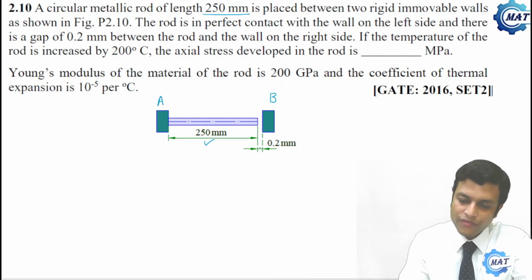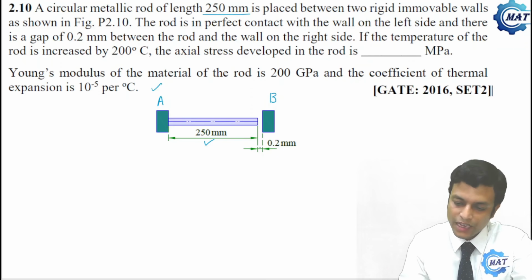The rod is in perfect contact with the wall on the left side, that is at A, and there is a gap of 0.2 mm. This gap is shown.